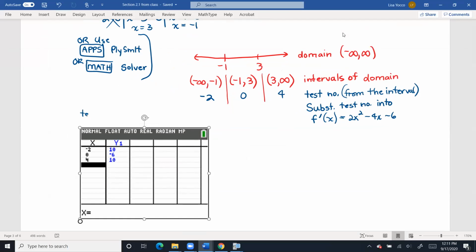Like I said, my test number went in here. This was my first derivative. So it turns out the sign of the first derivative gives me the answers that I need. When I substitute the test number in the derivative, I'm really only interested in whether the function value is positive or negative.